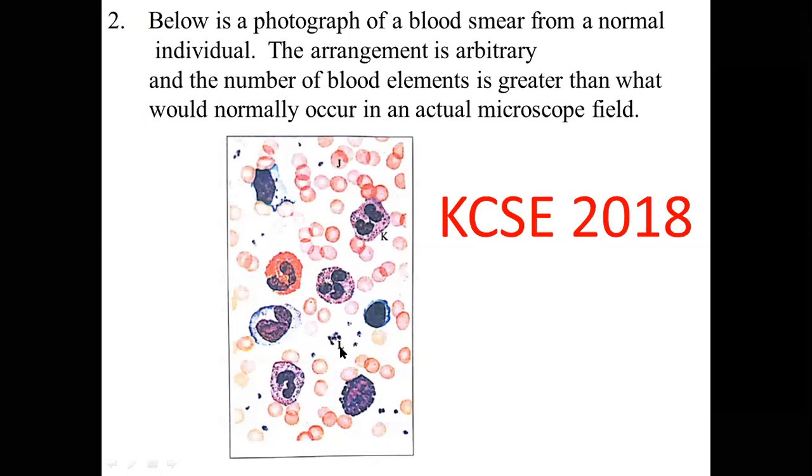Now, Ashley, what do you think J, K, and L are? J are red blood cells. Correct? K is white blood cells. Exactly. And L is platelets. Wonderful. That is Ashley.